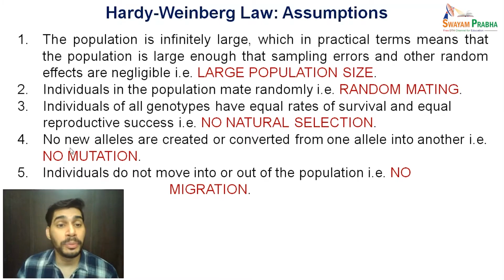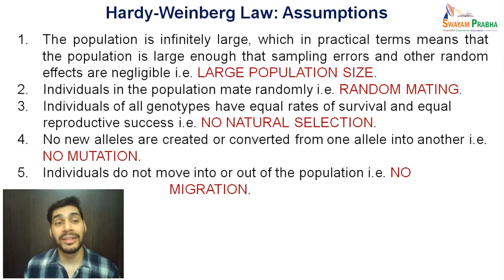Then there should be no alleles created or converted from one allele to another, which means there should not be mutation. Lastly, individuals should not move into or out of the population, so there should not be migration or gene flow.